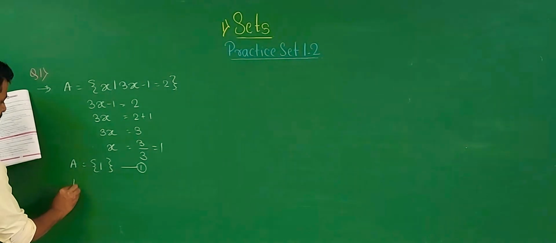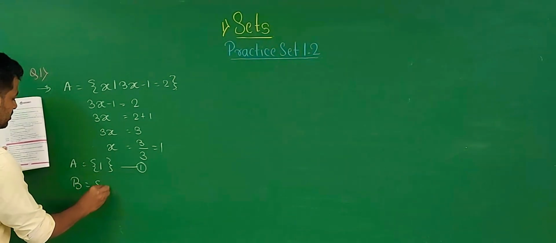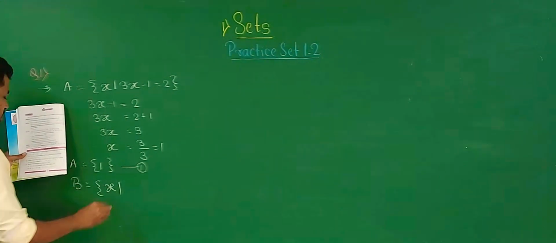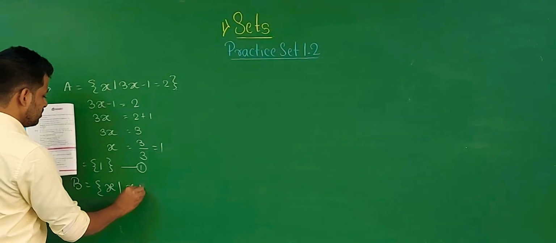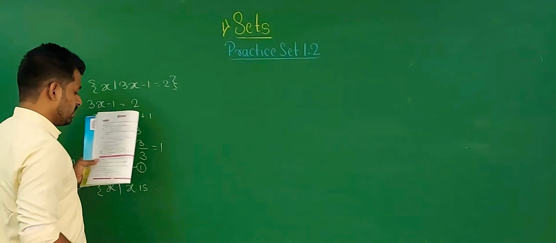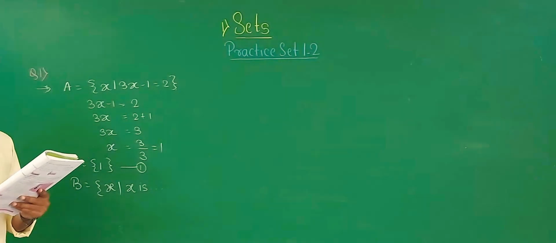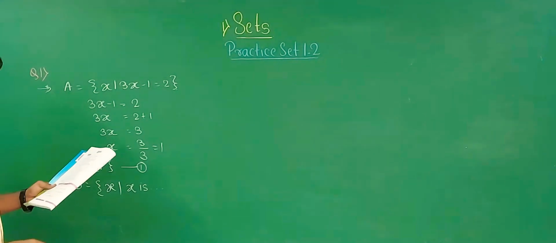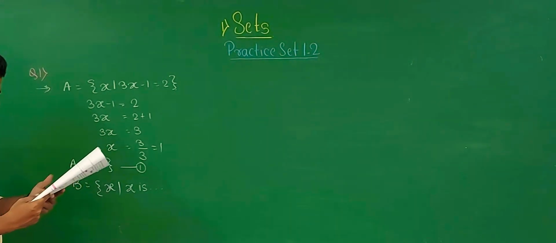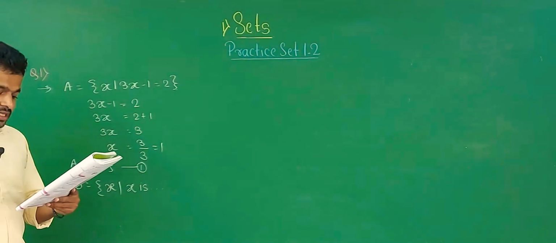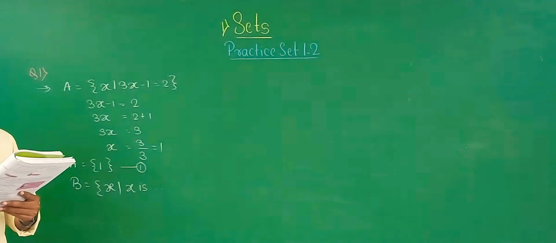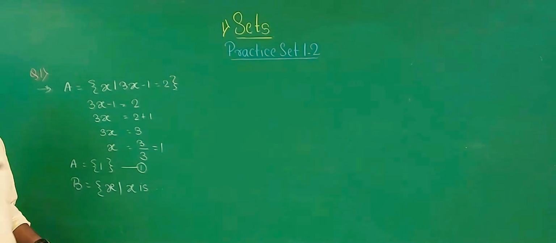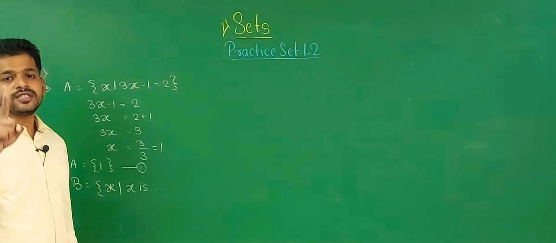The second set is B. Set B is the set of all x such that x is a natural number but x is neither prime nor composite. Now there is only a single number that is neither prime nor composite.